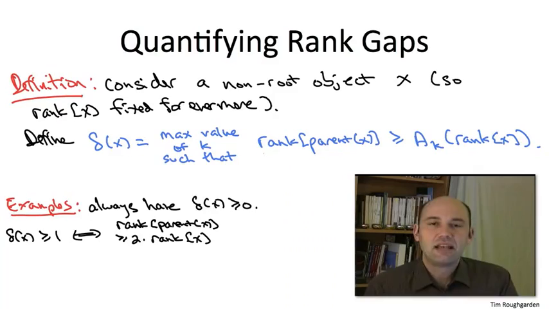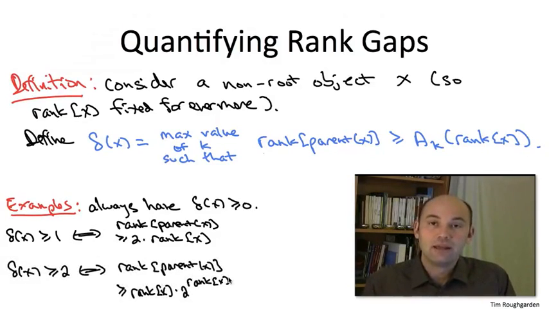Similarly, an object x has a delta value at least 2 if and only if we can take k equal to 2 on this right-hand side of the definition and have this inequality be satisfied. So let's recall what the function a sub 2 is. A sub 2 of r is just r times 2 to the r. So an object x has delta value at least 2 if and only if its parent's rank is substantially bigger than its own rank, in the sense that if it has rank r, its parent's rank has to be at least r times 2 to the r.